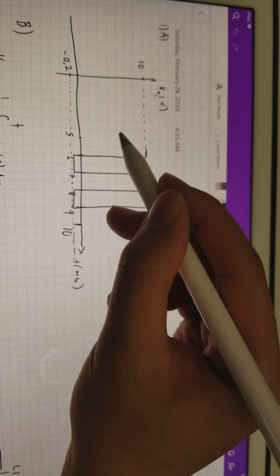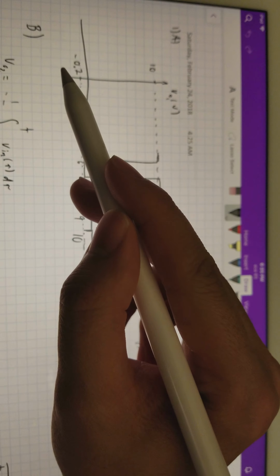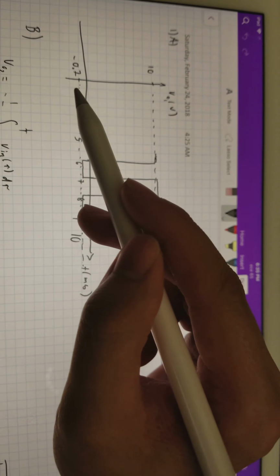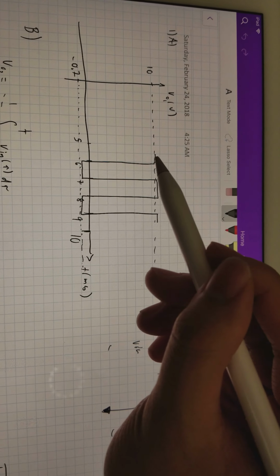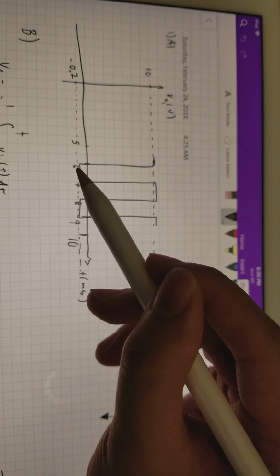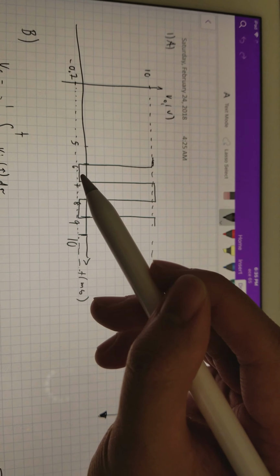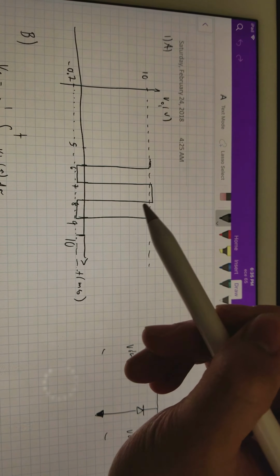The whole thing is going to shift up. The original starts from minus 6.7 to 4, so the whole thing shifts up by 6, and we get a graph that looks like this. But 5.5 is going to go from 10 down to minus 6, minus 0.7, and go back up again.